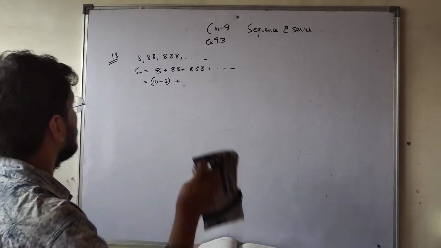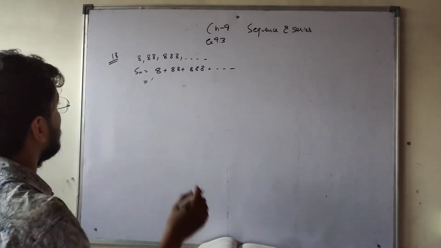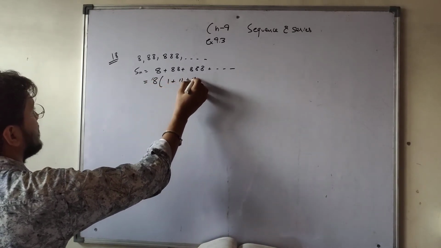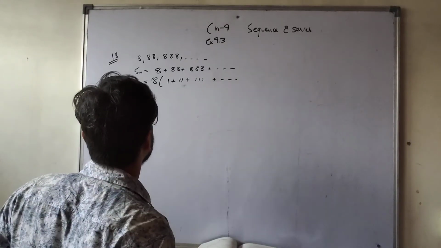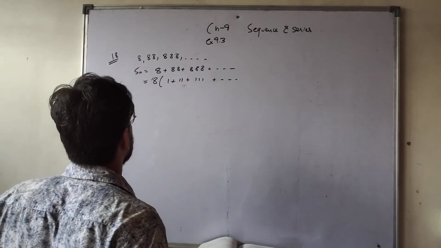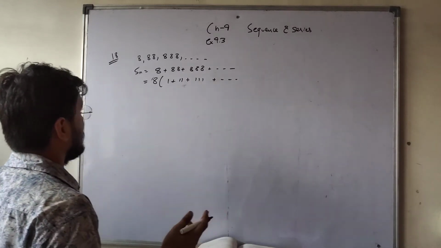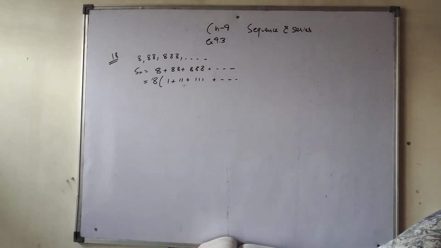If we take 8 common throughout, it will become 1 plus 11 plus 111 plus so on, right? So again this will not be helpful to us. 10 plus 1, 100 plus 11, no. So we have to think of a different process, right?